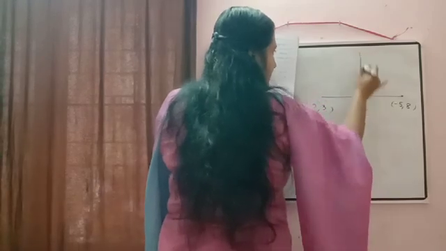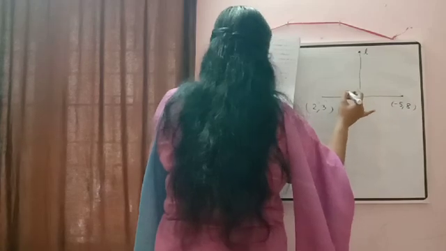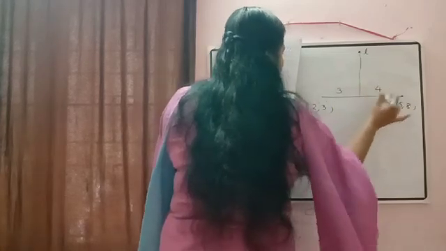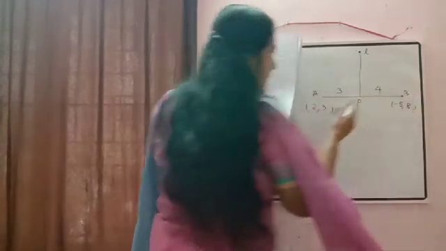We have to find the equation of a line L which is perpendicular to it and divides it in the ratio 3:4. So suppose this point is P, and we can take the endpoints as A and B.